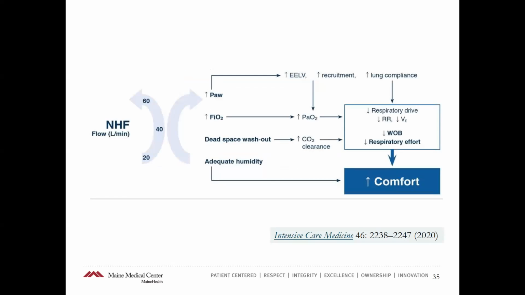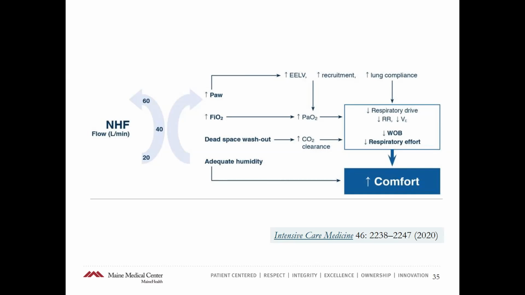It's just a schematic to summarize the different aspects of high flow that make it acceptable to patients. So you can go, again, high flows up to 60 liters per minute. With that, you get increased mean airway pressure. Because you have increased mean airway pressure, you have increased end expiratory lung volumes, increased recruitment, increased lung compliance.